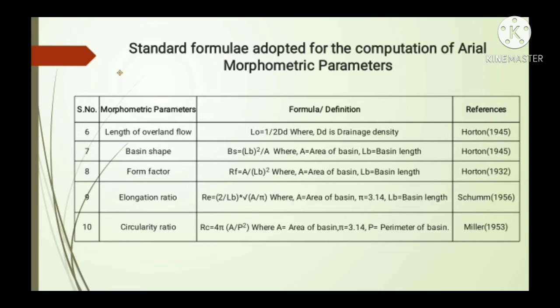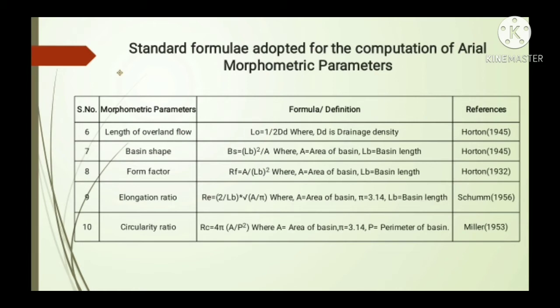In 1967, Singh considered a circular watershed to be more effective in generating rapid runoff volume than an elongated one. The elongation ratio value varies from 0.6 to 1, wherein a value close to 1 indicates low relief and a value of 0.6 to 0.8 signifies high relief and steep slope.